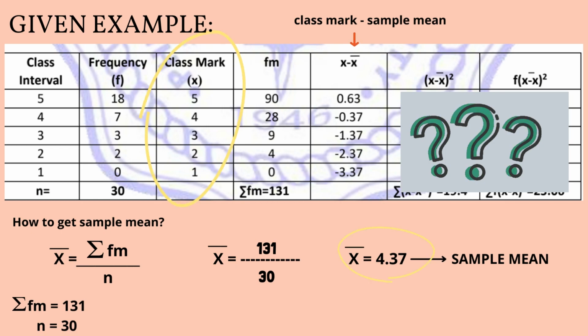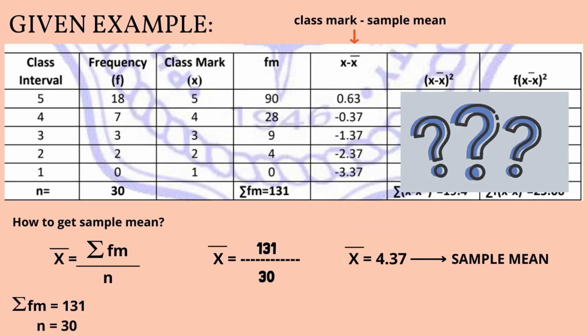So we have the formula summation of Fm over n or divided by n. So ano ba yung Fm natin? So let us look from the table. Yung Fm natin, ito yung summation ng minultiply natin na frequency at class mark and that is 131. Okay? And then ano yung n natin or divided by n? So yung n natin, balik tayo sa table.